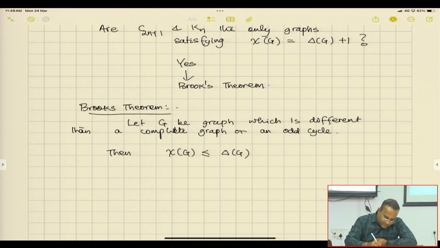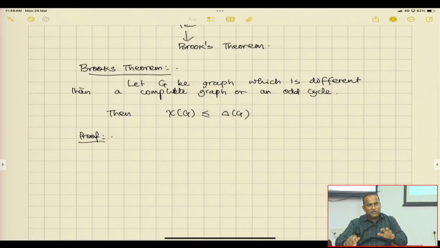So how to prove? Using the proved proposition, can we say that chi G is at most delta G if the graph is different than a complete graph or an odd cycle, right?